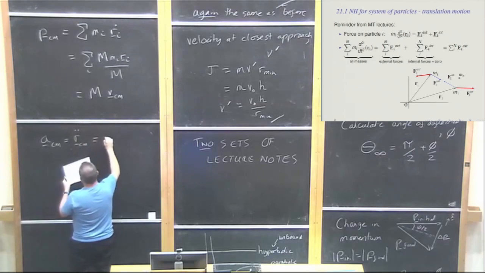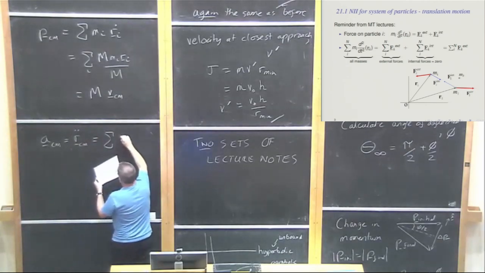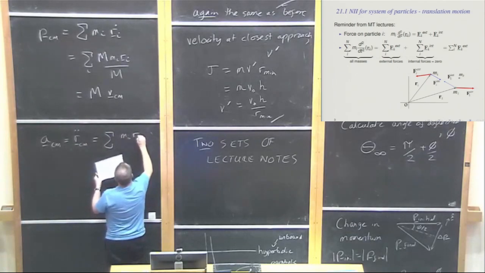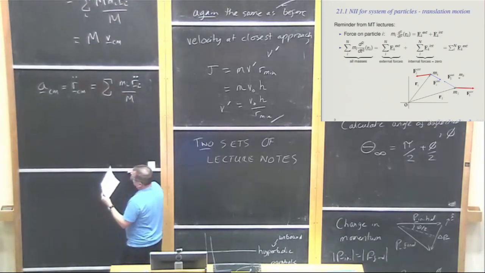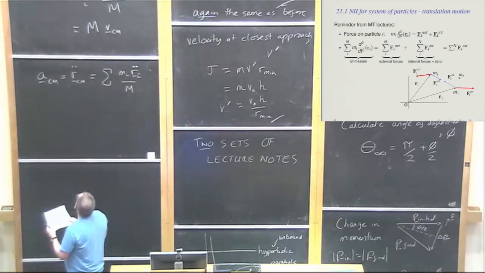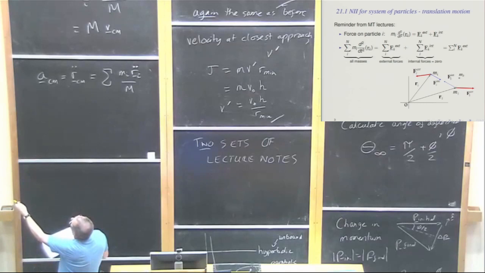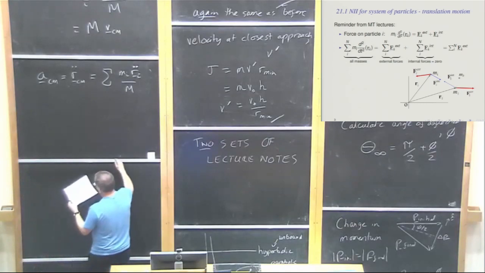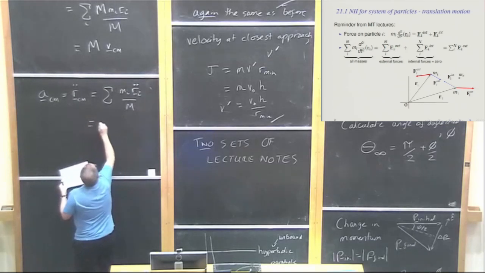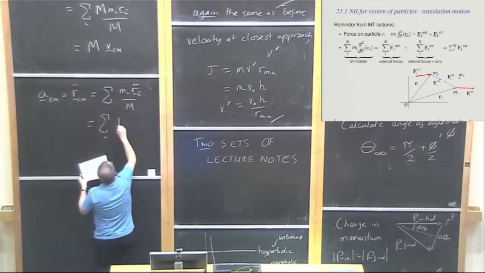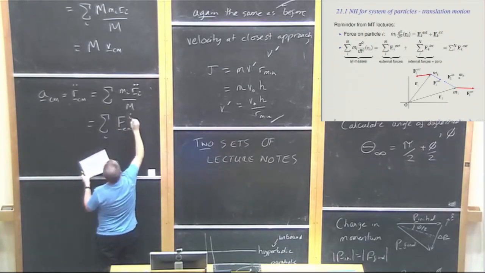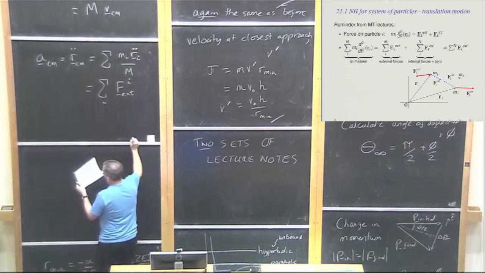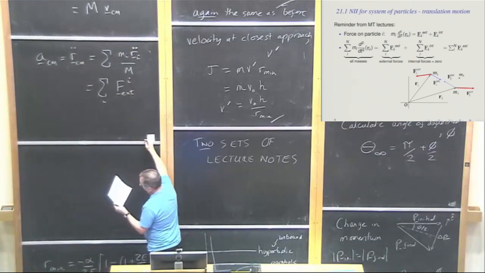And that is equal to the sum over m_i r_i double dot over big M. And this is what we have on the left-hand side of here, so that is equal to the sum over the external forces.